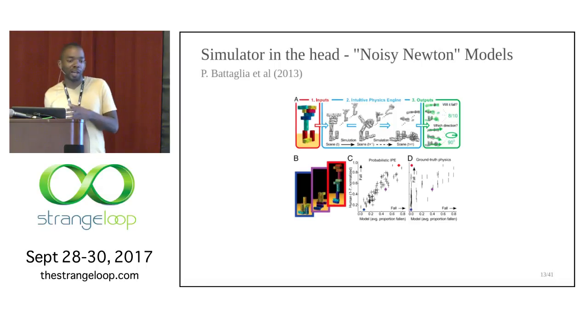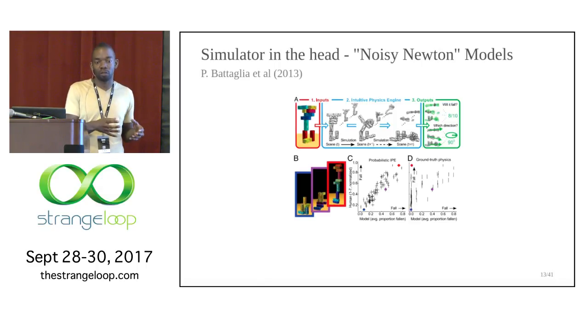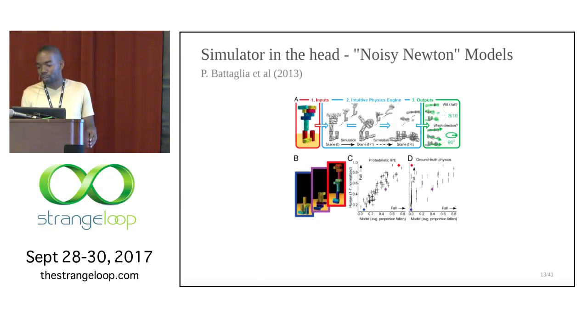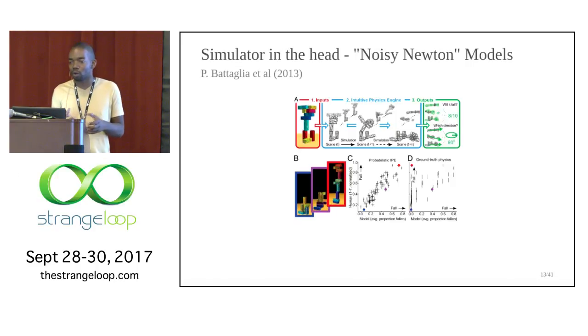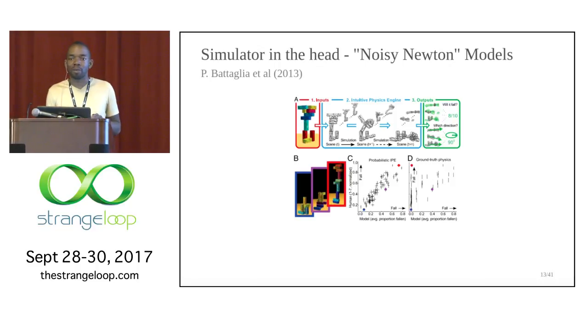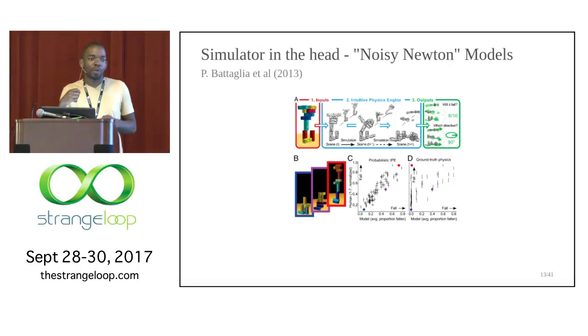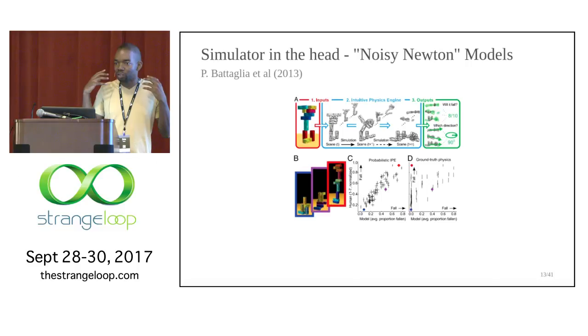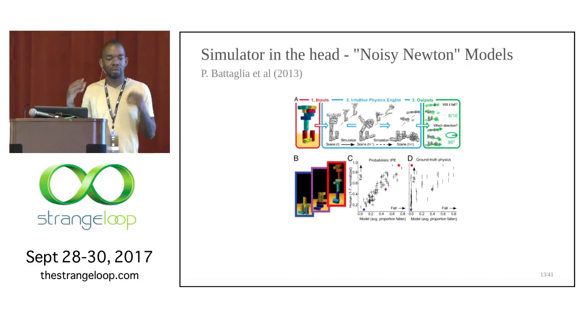So this is their model of how they think you're doing it in your mind. And the results show, again, a strong correlation with humans. And it's a good correlation in the sense that it makes the same mistakes as humans make. It's not always correct, right? And so it's a great paper. I recommend you read it. But the idea here is that you have literally something like a physical simulator in your brain.